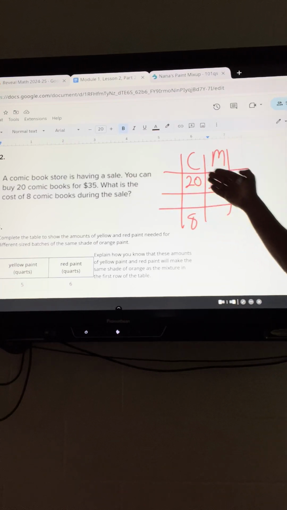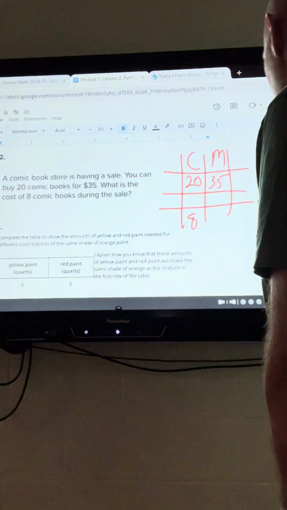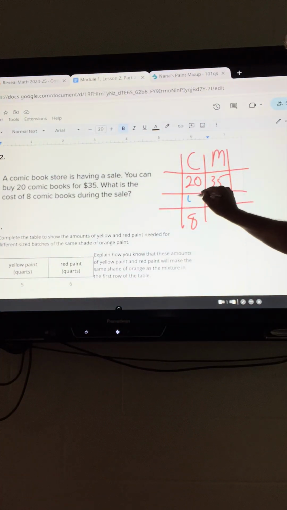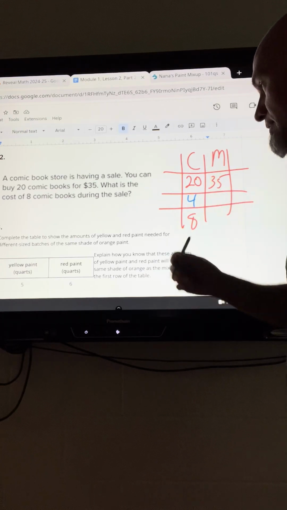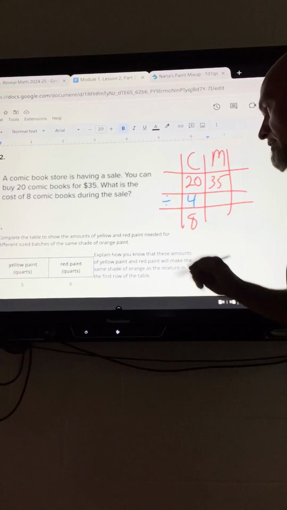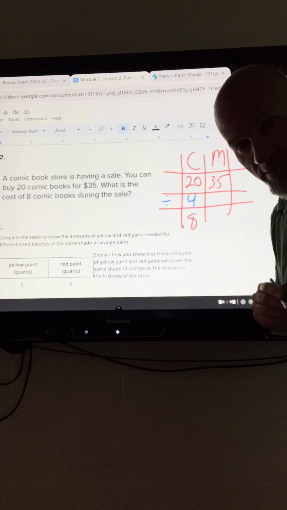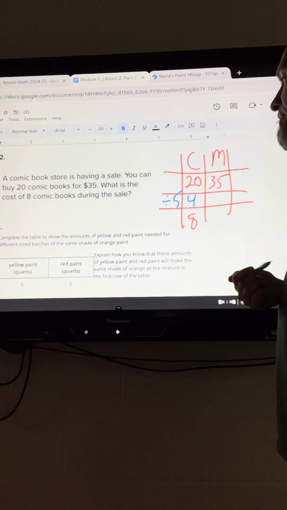So what's a number, a factor that both 20 and 8 share that you could convert? So I'm thinking 4. So how could you make 20 into a 4? Think about division. What could you divide 20 by to make that a 4? I'll give you a hint. It's 5. All right, so use that number to help you with the money.